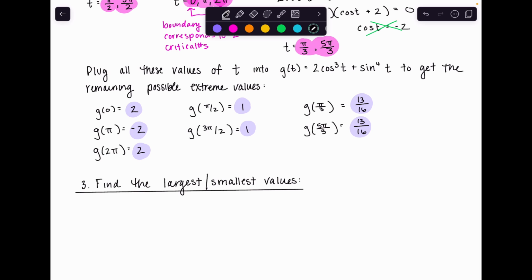So the absolute max value is positive 2. The absolute min value is negative 2. If you need to know the points where that occurs, well, it occurs when t is equal to 0.